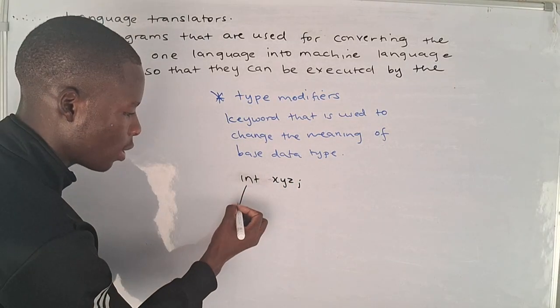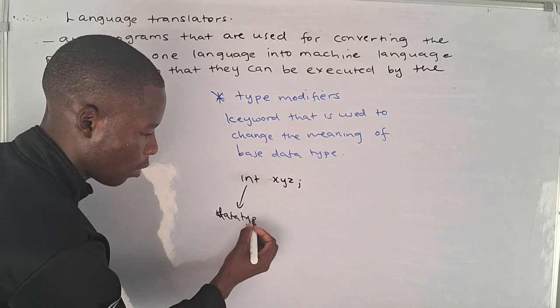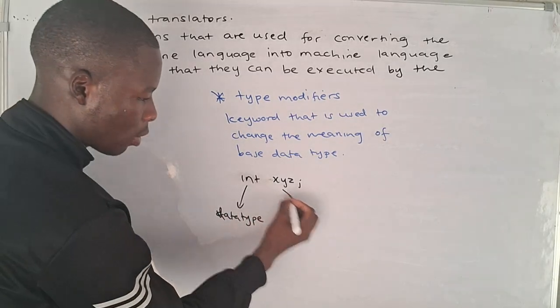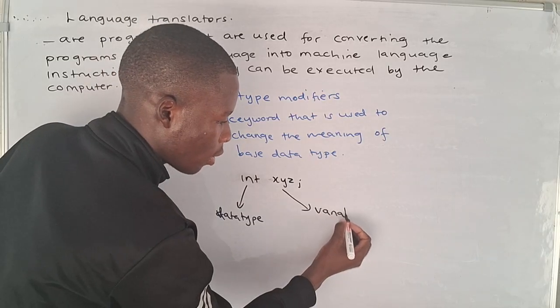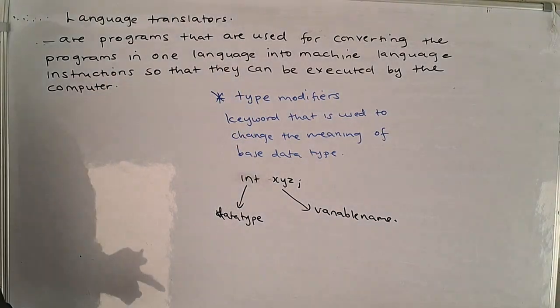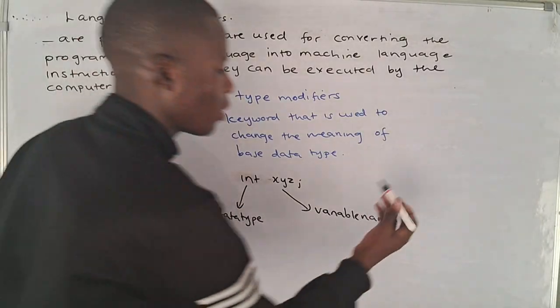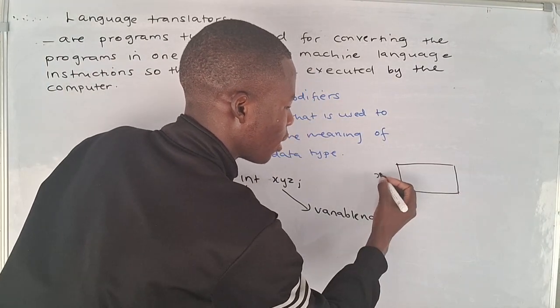See, this int is nothing but a data type. And this xyz is the variable name. So what is the meaning? Some space is allocated for the variable xyz.